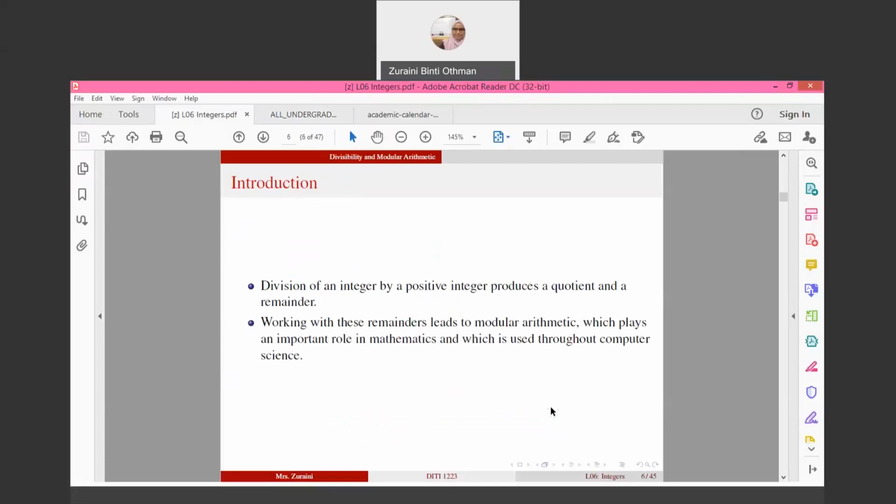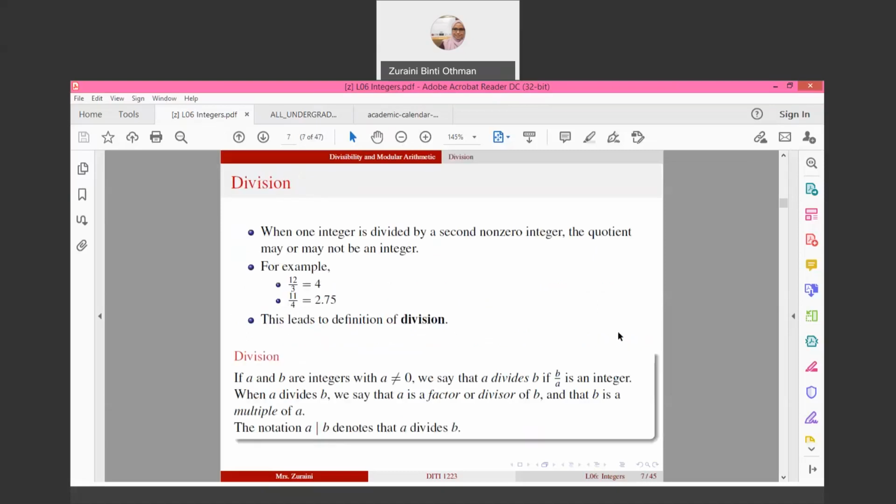Division of an integer by a positive integer produces a quotient and a remainder. Working with this remainder leads to modular arithmetic, which plays an important role in mathematics and is used throughout computer science. When one integer is divided by a second non-zero integer, the quotient may or may not be an integer.